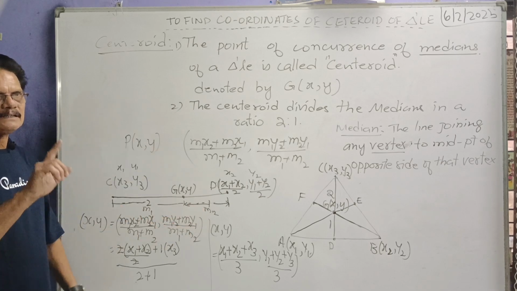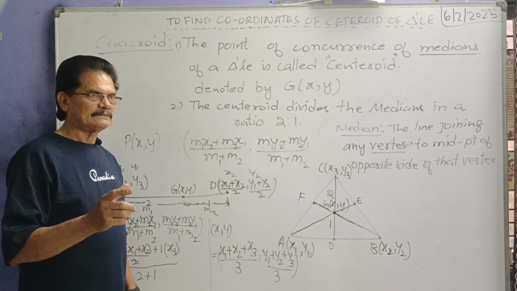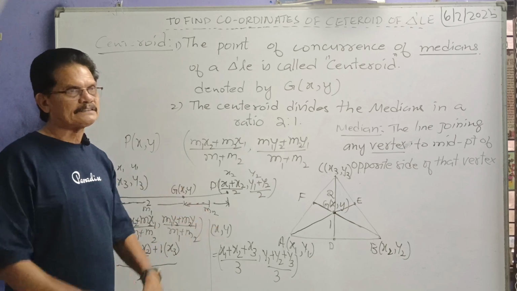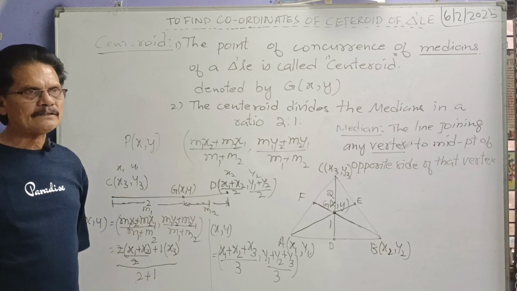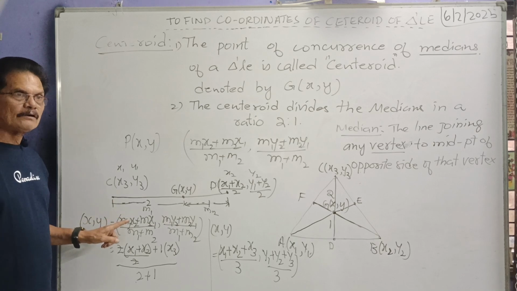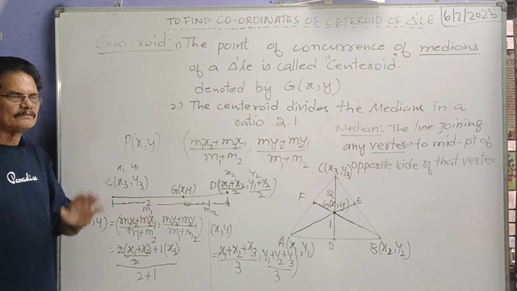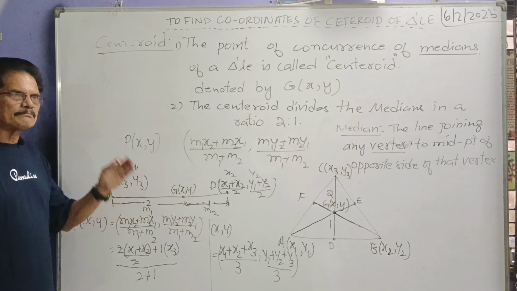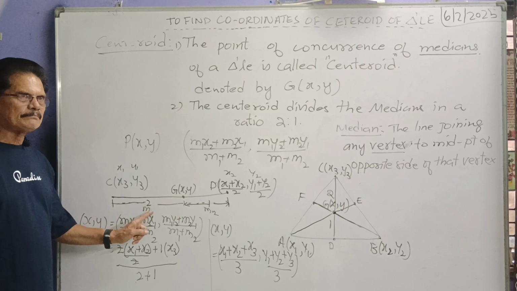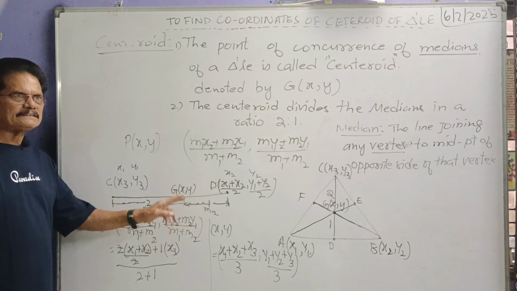In the textbook they have maintained m:n, but if you use m1:m2, it would be easier to understand the formula and get it into your head. The ratio point formula is m1x2 plus m2x1 by m1 plus m2, and m1y2 plus m2y1 by m1 plus m2.